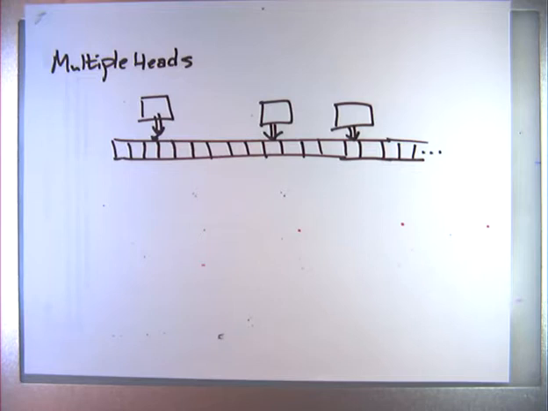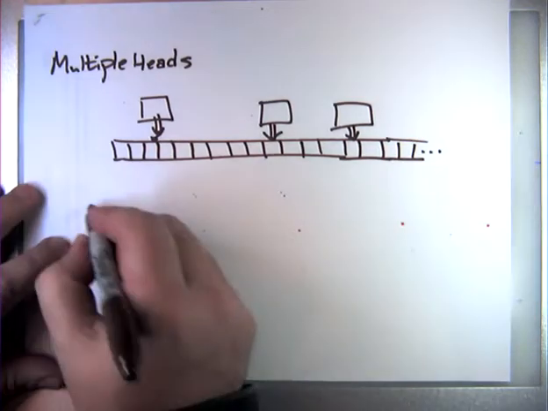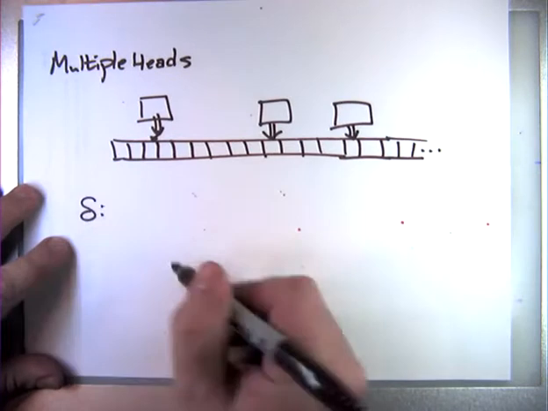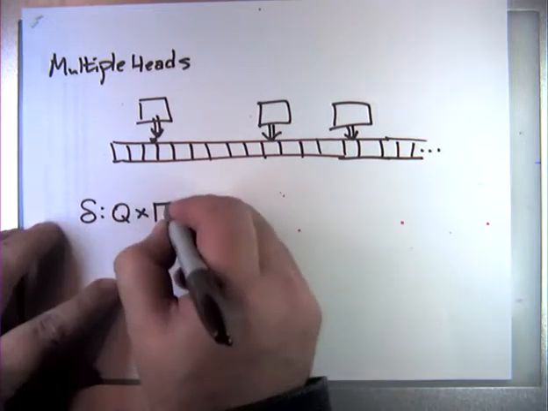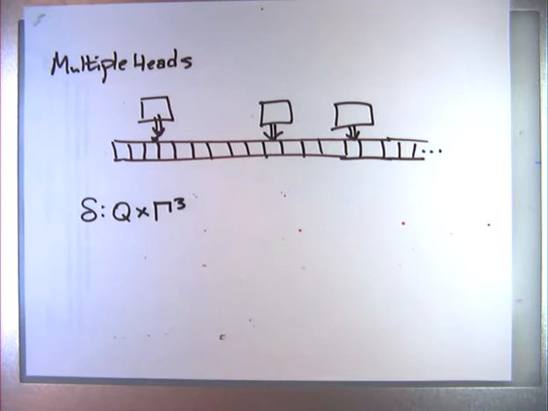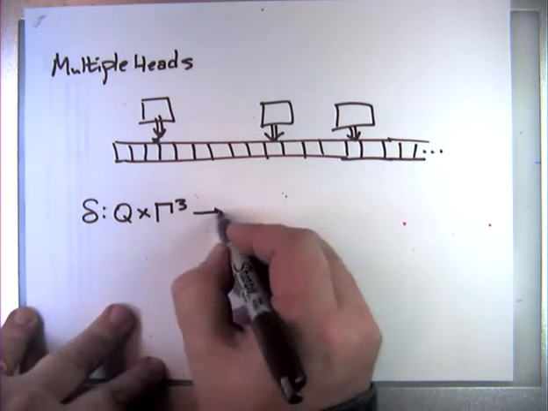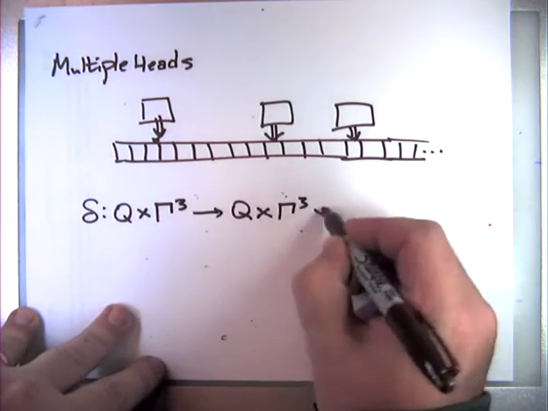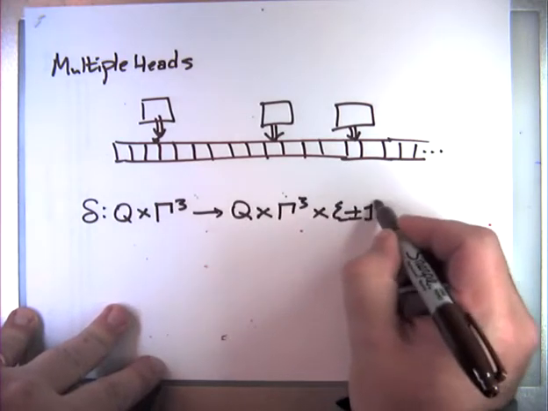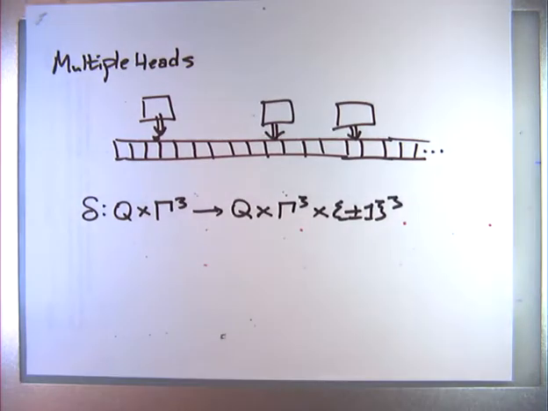And again, I want to define some sort of transition function that takes my current state, just one state, and 3 different symbols from the tape alphabet, and then it will produce a new state, 3 new symbols to write on the tape, and then 3 actions to take. Each of the heads I can move independently left or right, or keep them still.